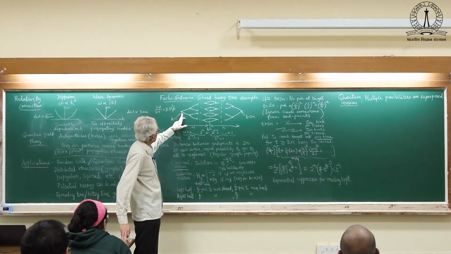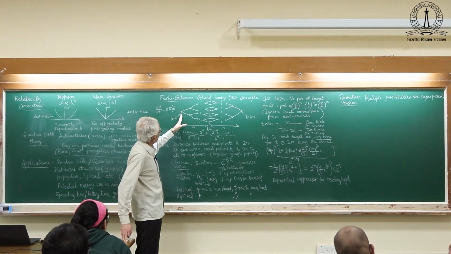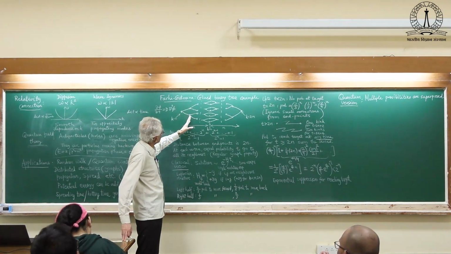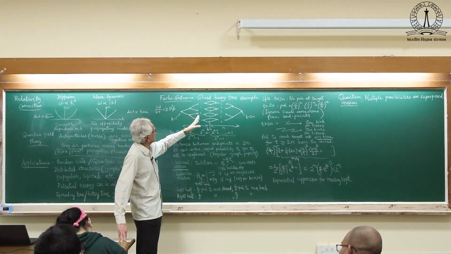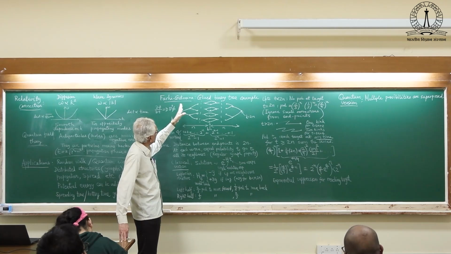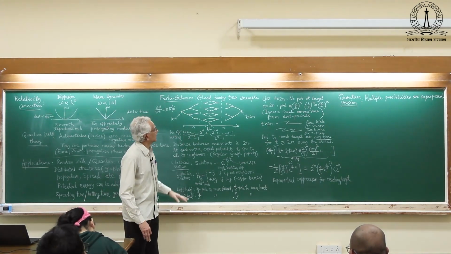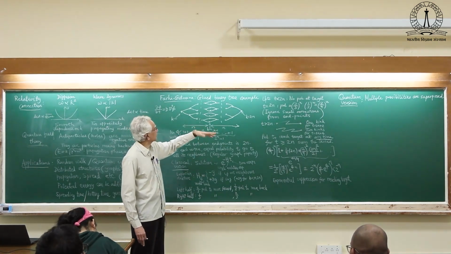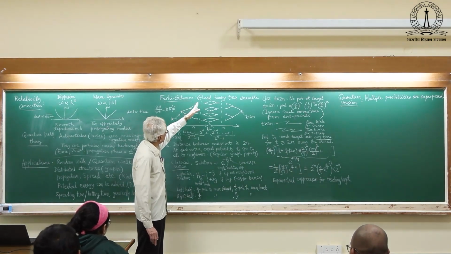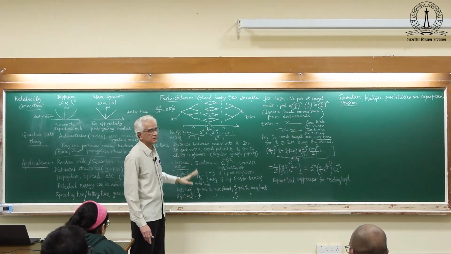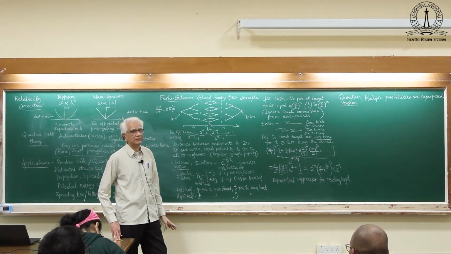You start here. The next step, with some probability you will still be at the same point, or with some probability you will have equal superposition on these points. Next step, you will have equal superposition here, here, or all the possibilities over here. So the states which will appear in the quantum evolution will always be equal superpositions of different values of k. You can't have anything else.